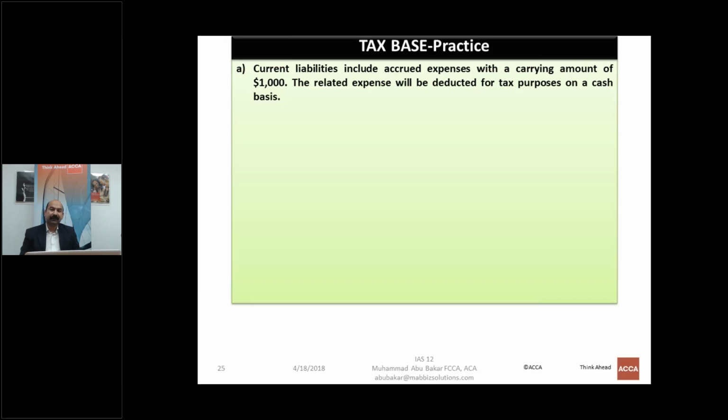Okay, give me the answer. I would prefer that you just recall the rule of thumb. There is an accrued expense, and that expense is allowed on a cash basis. So what is the tax base of that accrued expense?